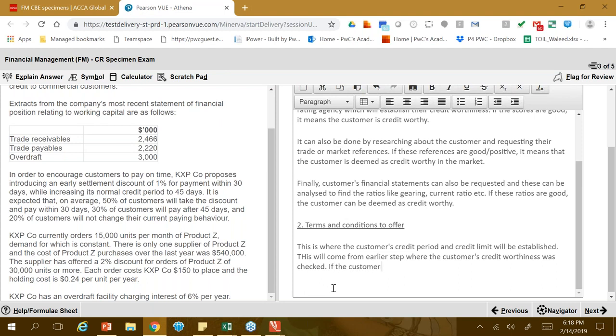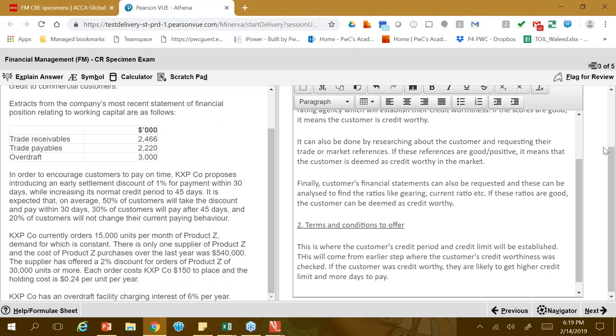If the customer was creditworthy, they are likely to get a higher credit limit and more days to pay. And that's it, 1 mark. 1 mark for saying this in our exam.